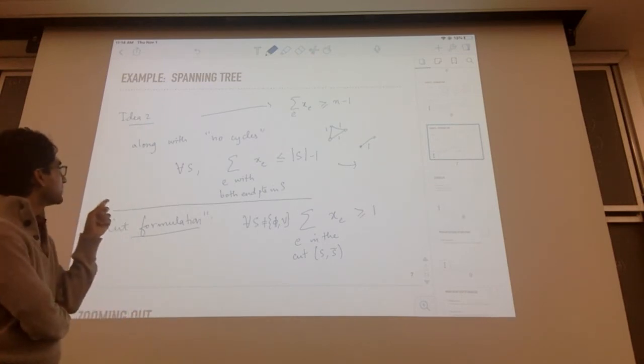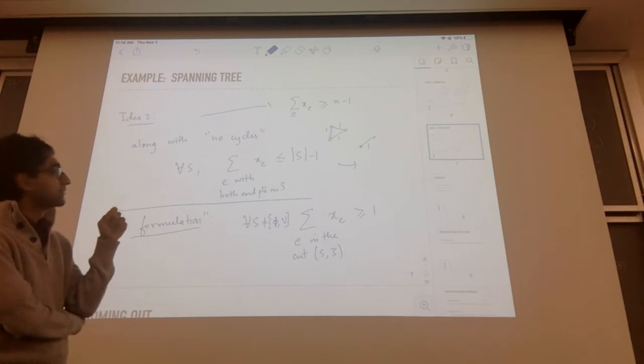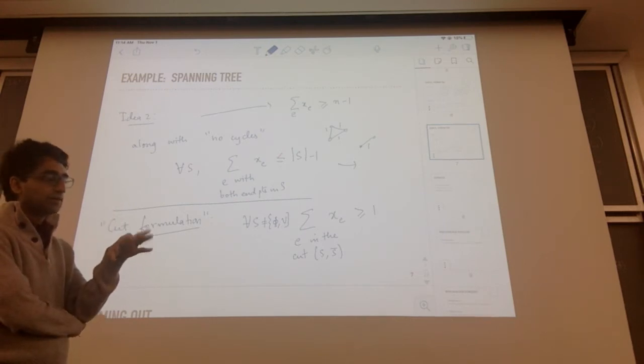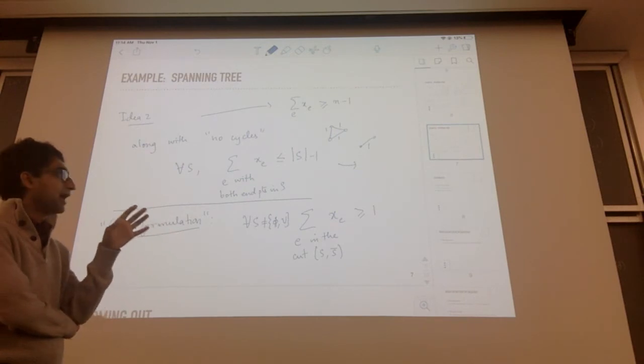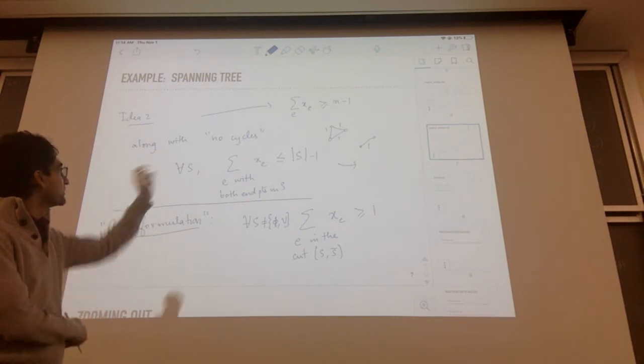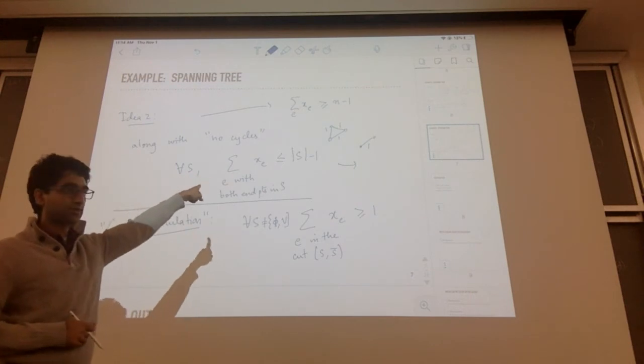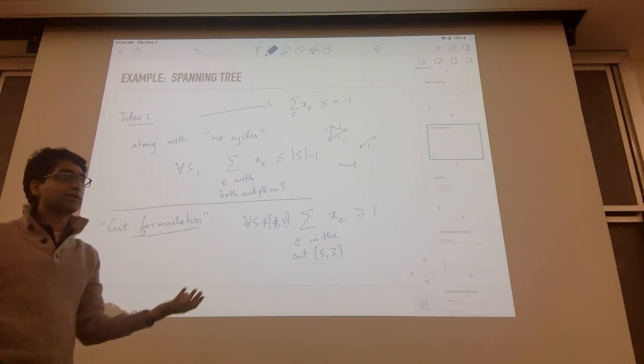Right. This takes a little bit of a proof to show that it is equivalent. I guess the question you're asking is, suppose you have n-1 edges, and for any set of vertices you have this constraint. Could it be that the graph is not connected?